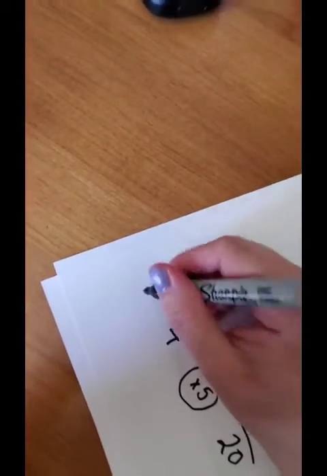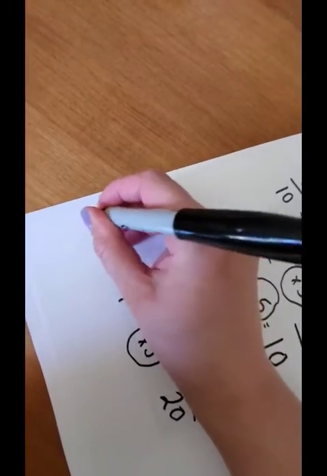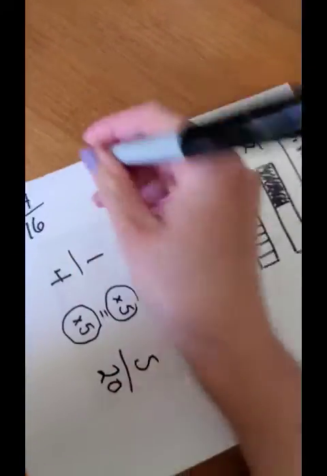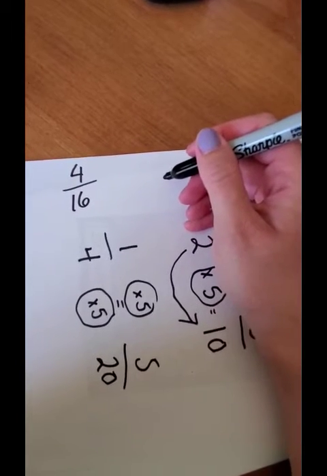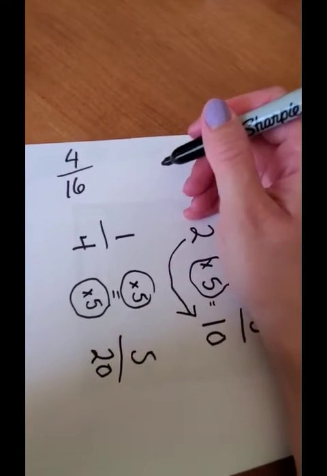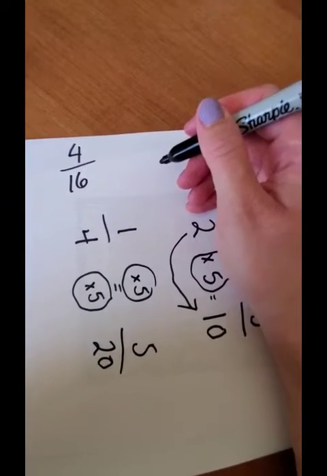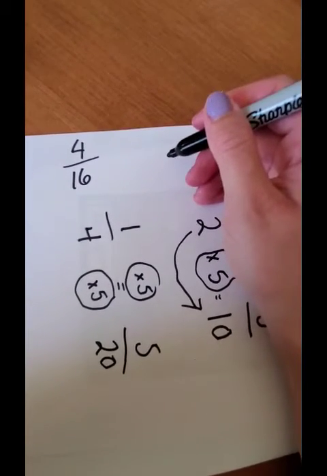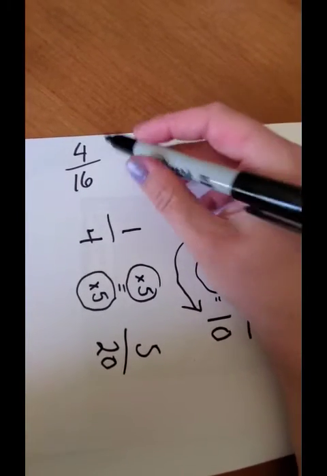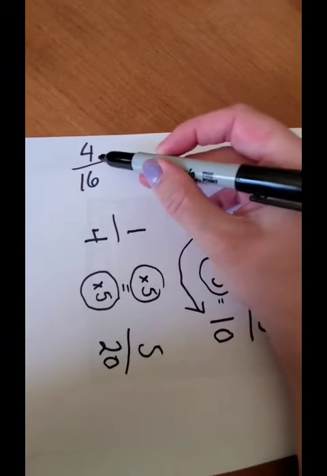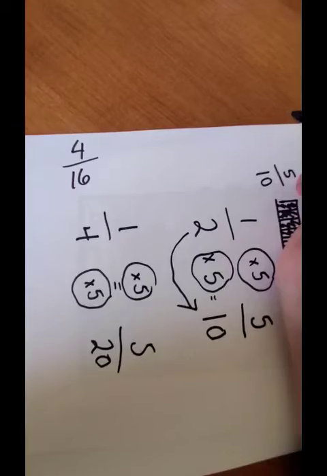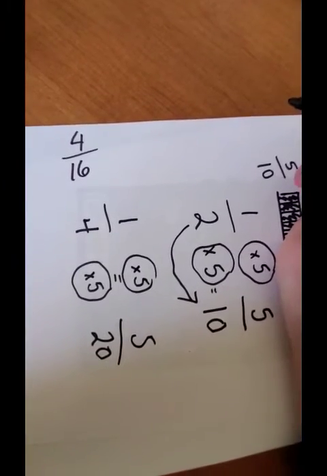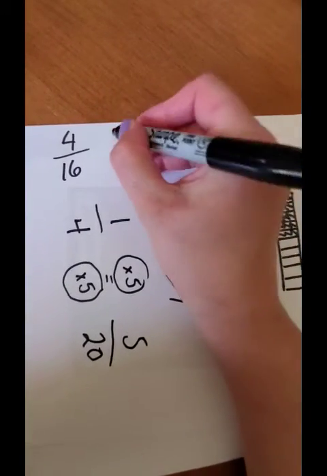All right. Let's say I had 4/16, and I wanted to make that into smaller numbers for the numerator and the denominator. Or maybe I just want to simplify my fraction so it's easier to visualize. So I can see there is a number that both 4 and 16 can divide by. I know that because I already memorized my times tables. So I'm going to divide by 4.